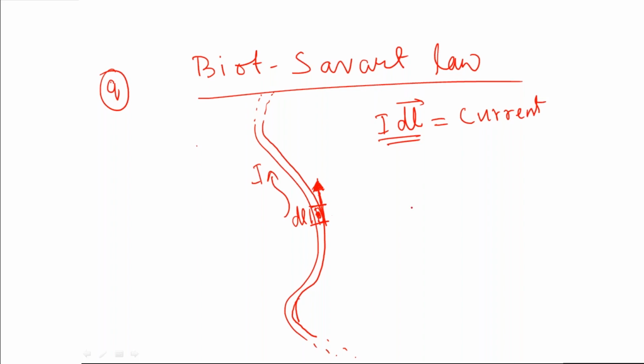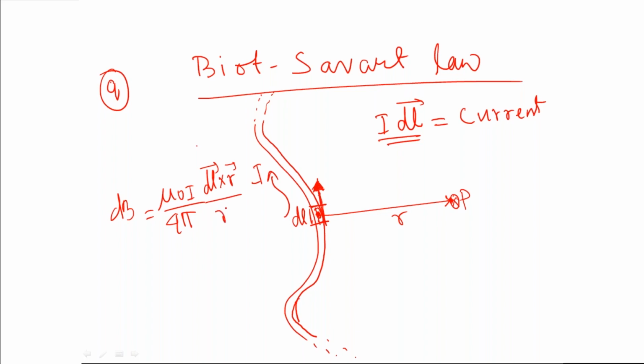So in this case, if suppose I have to calculate the magnetic field at any point P at a distance r, here the magnetic field will be into the page, and we had already derived that dB equals mu0 I by 4 pi, dl cross r by r cube.